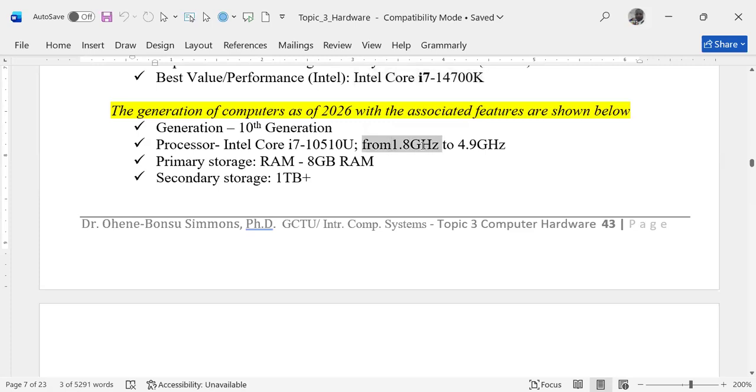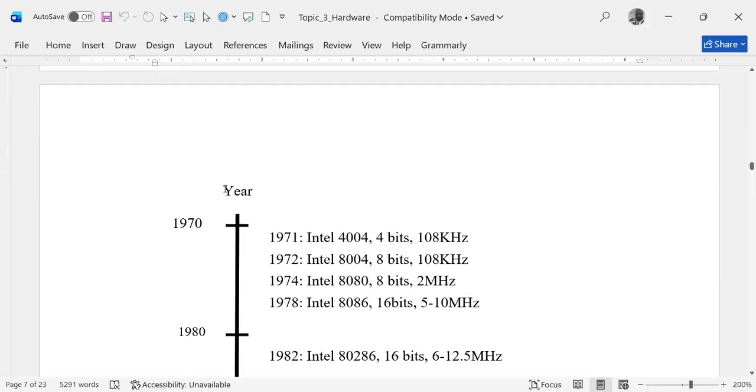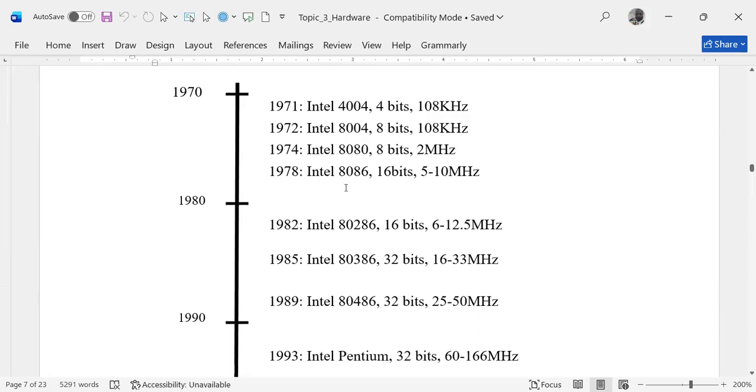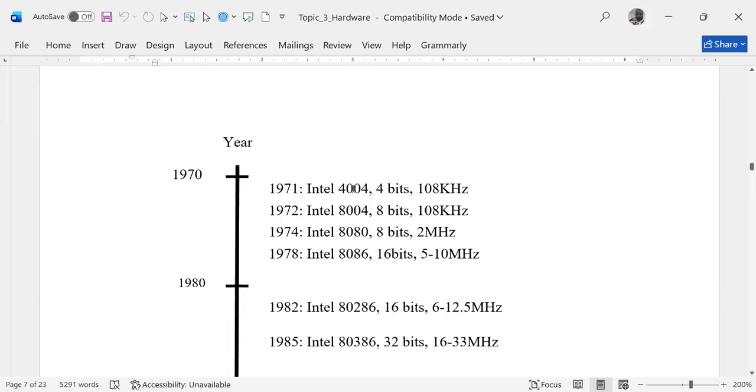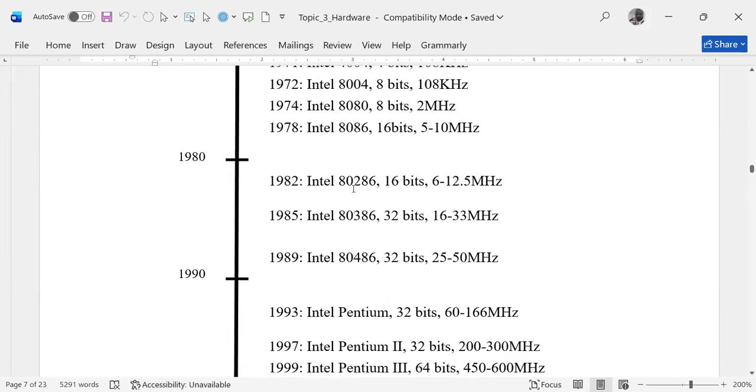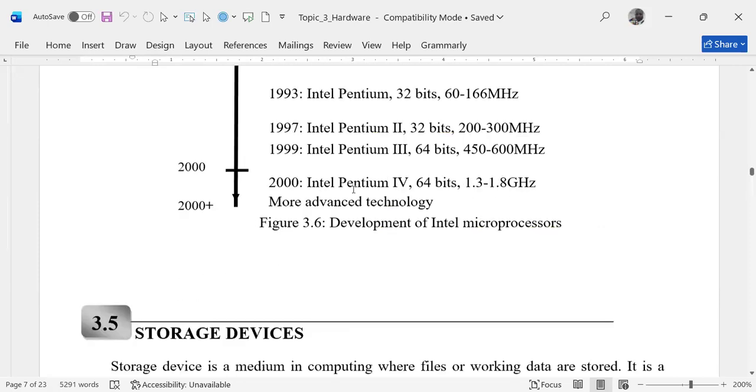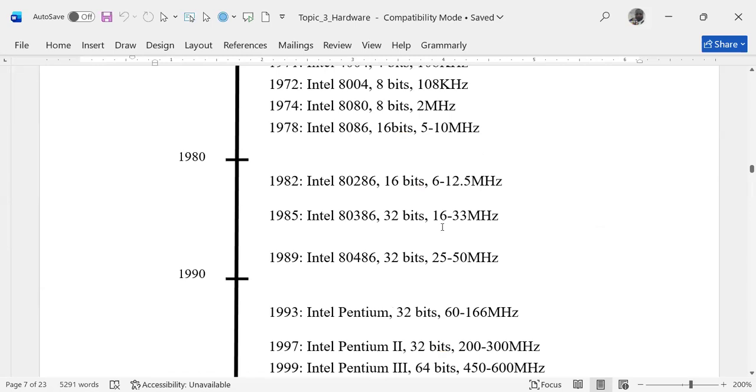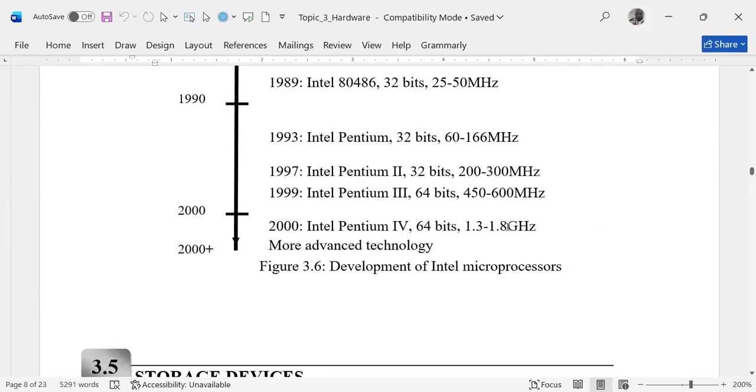You are aware that the processor is measured in hertz. So if you are buying a machine today, make sure your processor is 1.8 gigahertz to 4 point something gigahertz. And this is the generation movement that has gone through several stages. Those days measured in megahertz, today in gigahertz, etc.